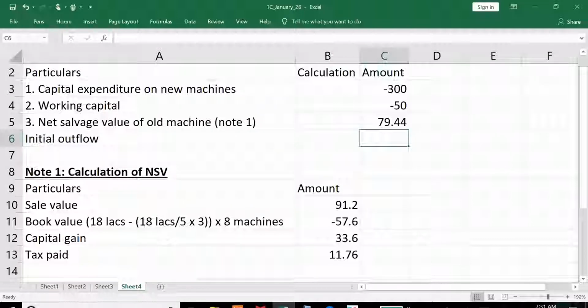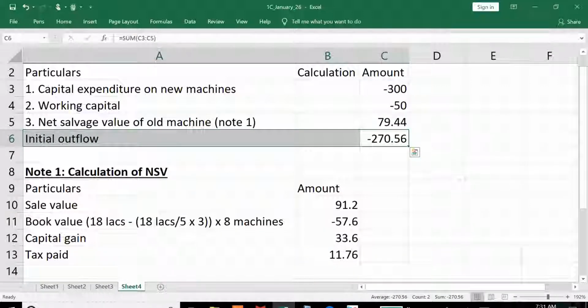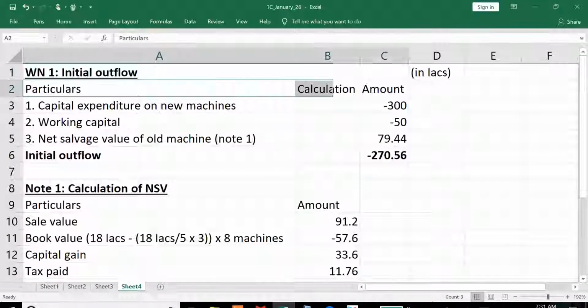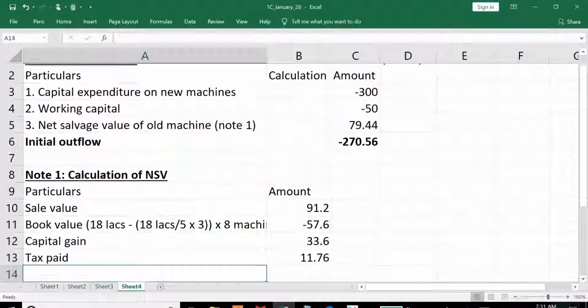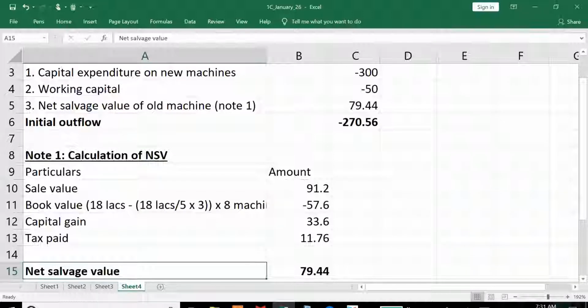And we get the initial outflow of 270.56. That's the initial outflow for buying these machines.